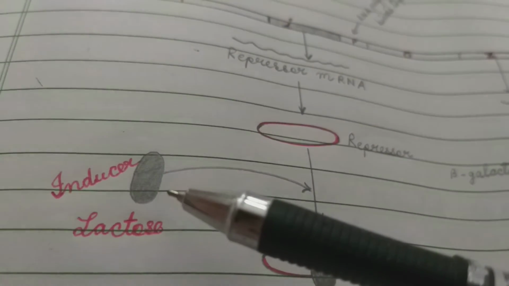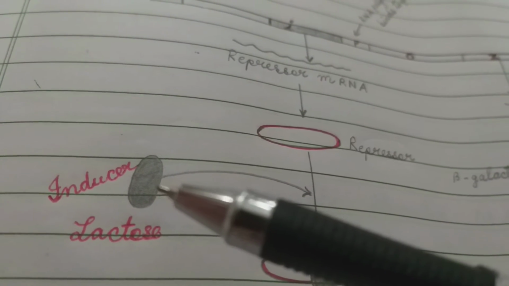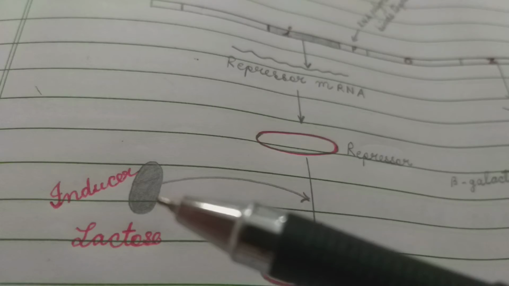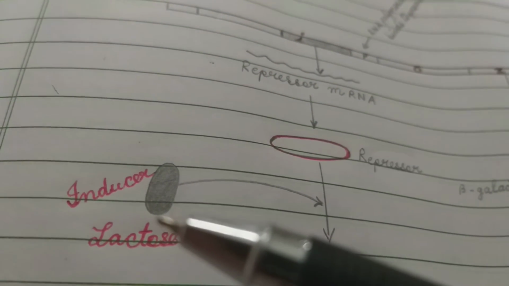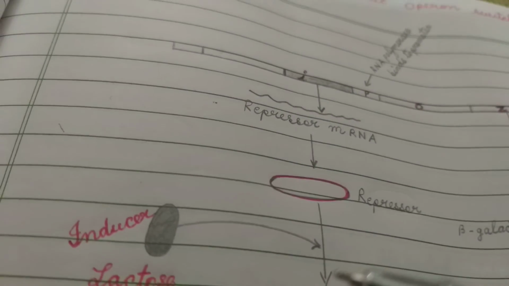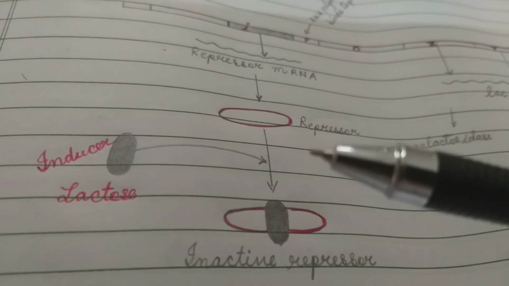Now lactose is added, which is an inducer. This is the lactose molecule or its isomer allolactose. It is an inducer. It is introduced into the culture medium of the bacteria.